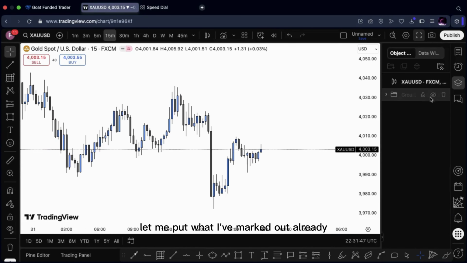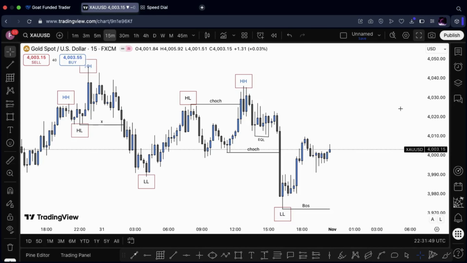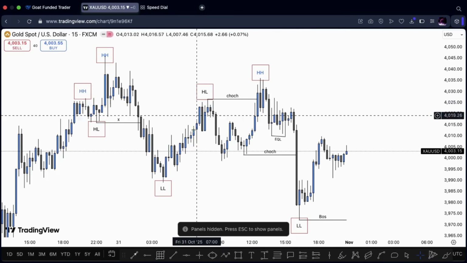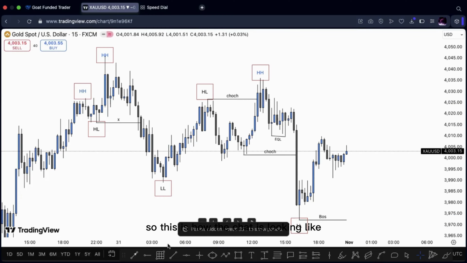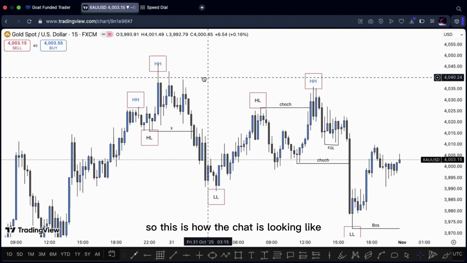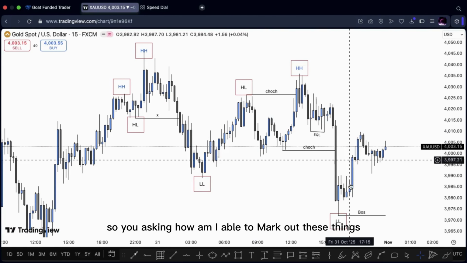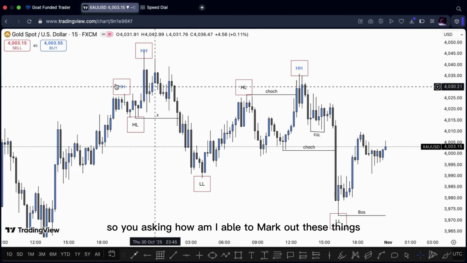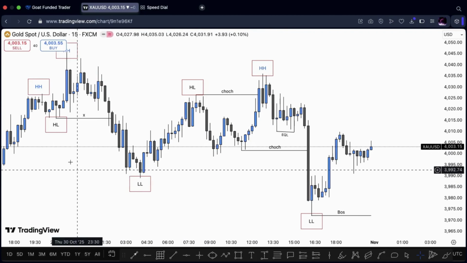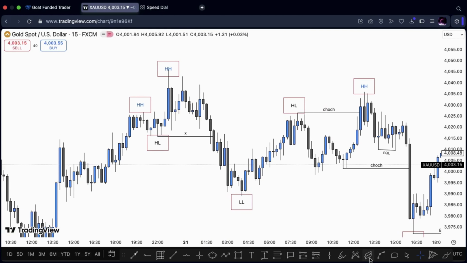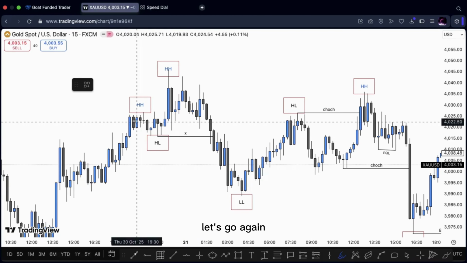Let me put what I've marked out already so that I can explain well. So this is how the chart is looking. So you're asking, how am I able to mark out these things? Let's go again.